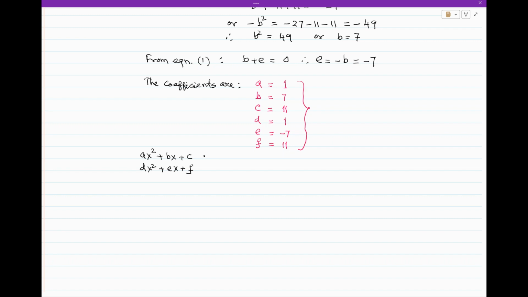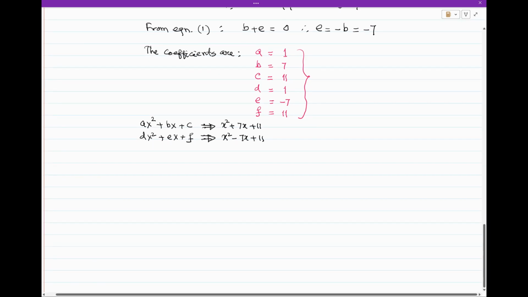Putting the values of the coefficients, we get x square plus 7x plus 11 as the first quadratic expression, and the second quadratic expression becomes x square minus 7x plus 11.